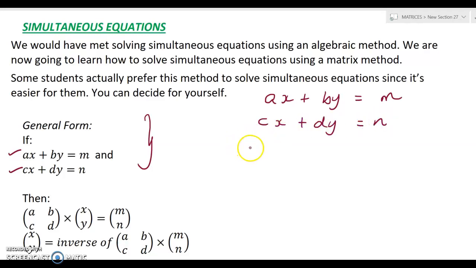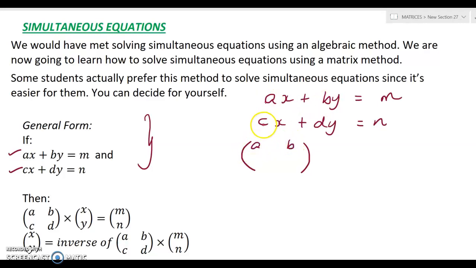So the matrix method is, the first thing you need to do is pull out the matrix from those two equations. You're going to pull out a 2 by 2 matrix. The 2 by 2 matrix comes from the numbers or letters, in this case, before the x and the y. So the first equation, the letters are a and b before the x and the y, so that comes on the top.